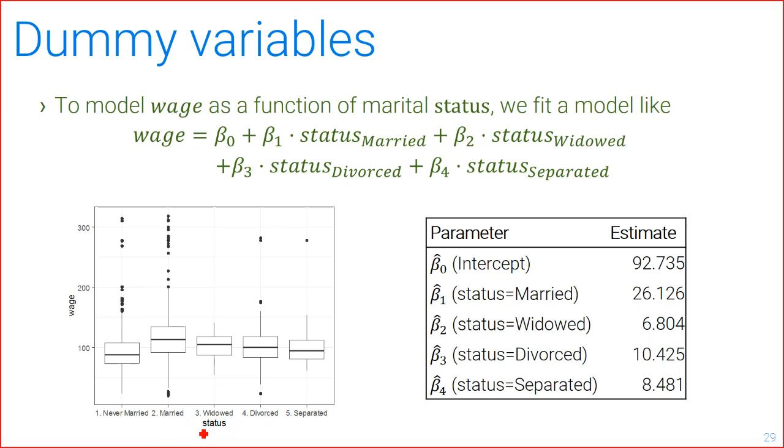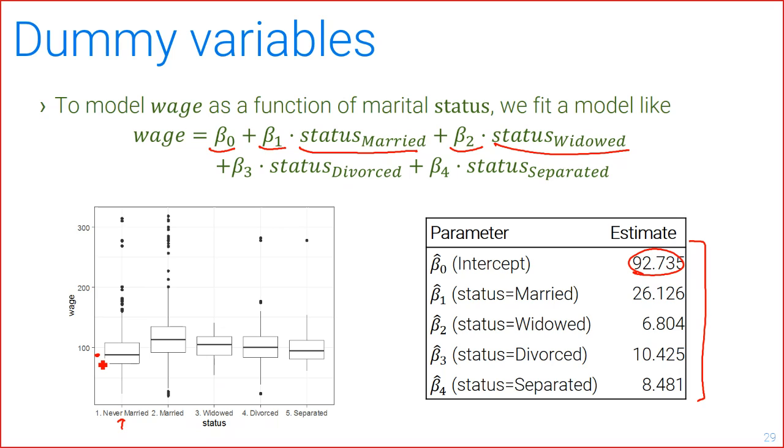And so the linear model would be the common intercept again, and then one dummy variable for the case of married people with the corresponding coefficient, one dummy variable for widowed people with the corresponding coefficient, etc. If we fit the model doing ordinary least squares, then we have these coefficients. And again, the way to look at them is the first one corresponds to the value for people in the first group.